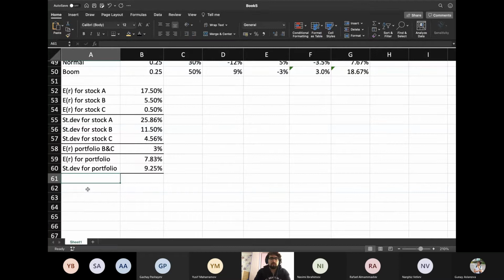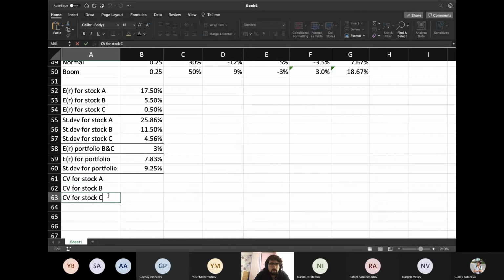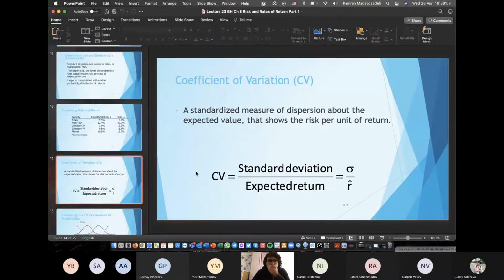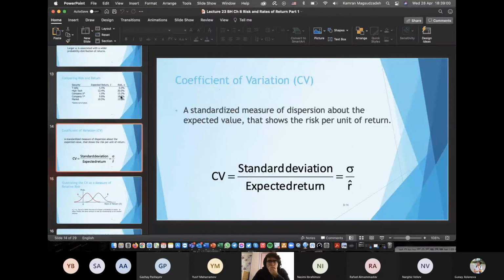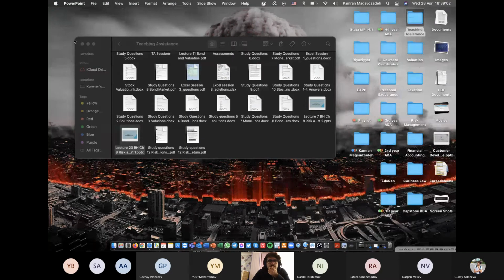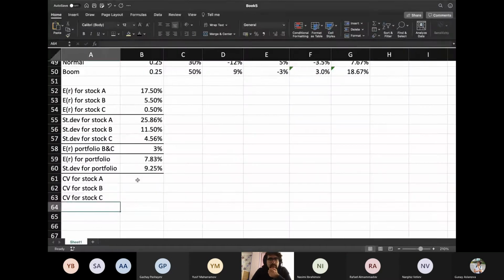So therefore, let's find the coefficient of variation for stock A, stock B, C. We don't need it anymore. Okay.